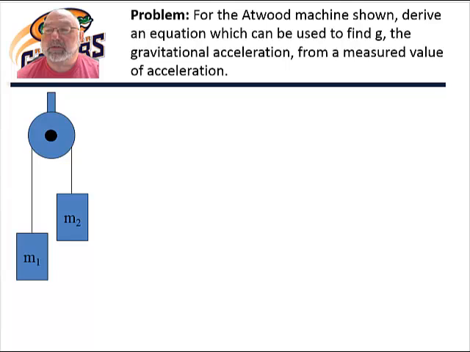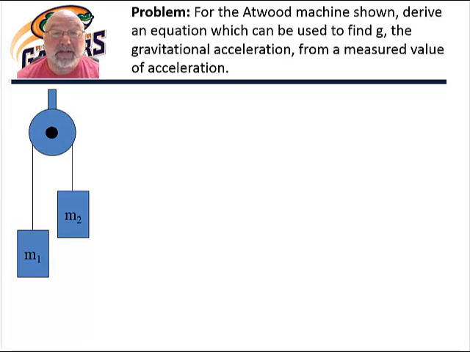Okay, so I'm going to start out by drawing a free body diagram of our system. Remember, the pulley just bends the axis. So this is my system, and the box represents the string, really, the connection between the two masses.